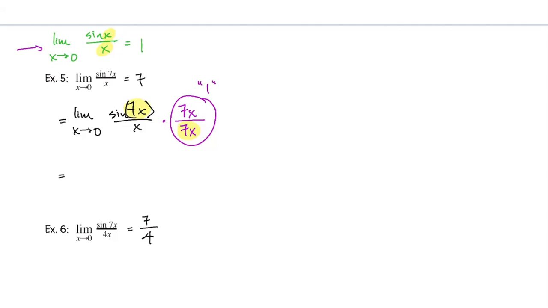Now what that gives me is this: the limit as x approaches 0 of sine 7x over 7x, this is the purple one, times, I'm going to keep that top 7x over here and move that original x over there. So I've got 7x over x.